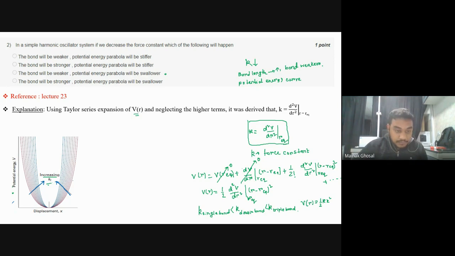So for low k, or decrease of k, your second derivative will decrease. That means you will have this kind of shape. That means this will be much more shallow.